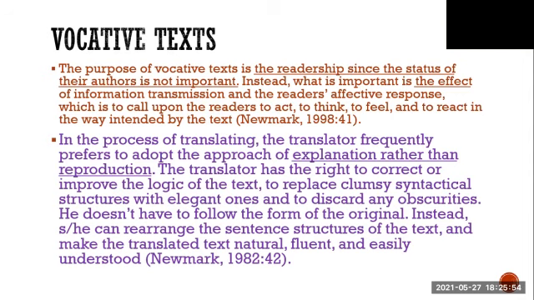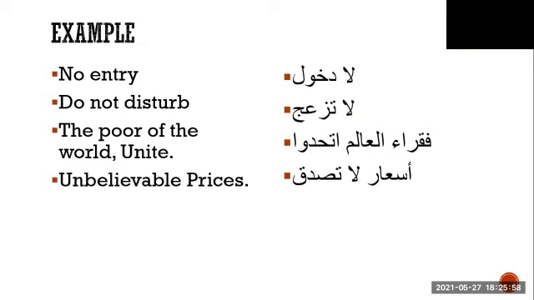Now, let's look at examples, okay? Let's look at examples, and this will clarify things. Now, look at the example on the left side. No entry. Now, if we translate semantically, it's going to be لا دخول, and it looks funny.